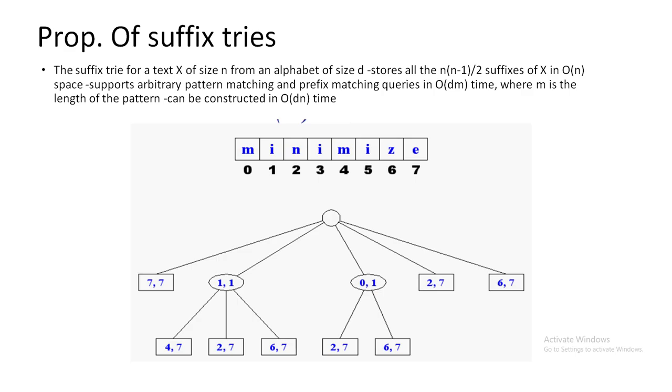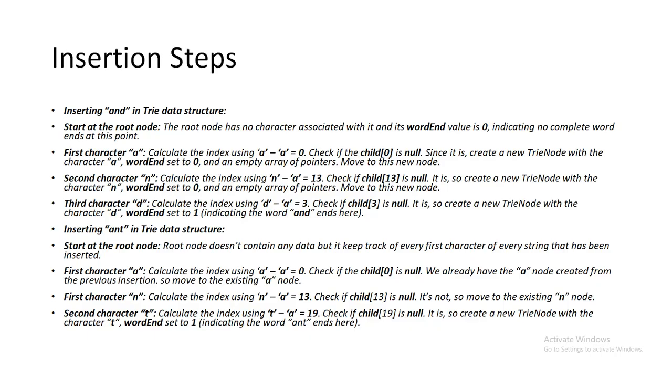The property of a suffix trie is that it holds the n into n minus 1 suffixes of x. So O of n is the space. Insertion steps need to start from the root node. First character a means calculate the index a minus a, which is 0.